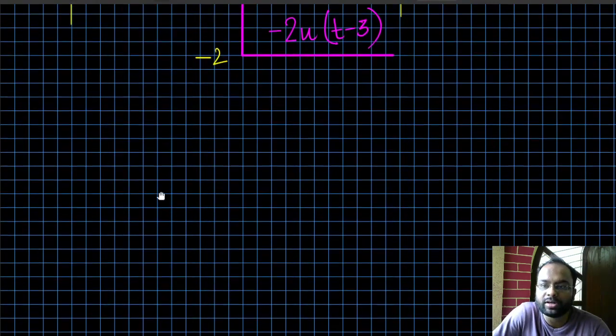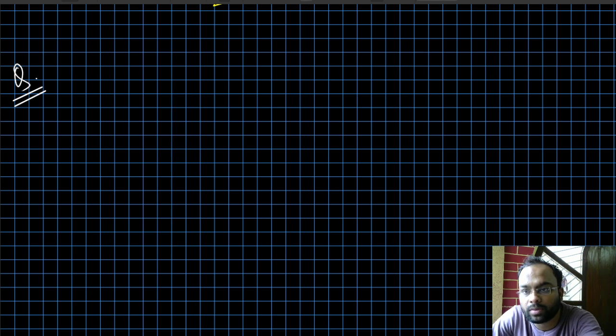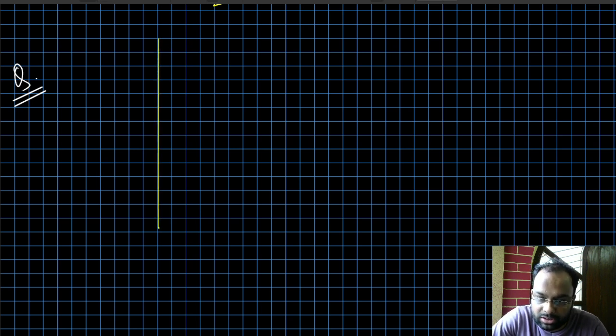So now I have a reverse question for you. I am drawing a graph and you would have to tell me the underlying functions. I'm drawing a plot of a certain signal and you'd have to tell me what underlying functions it has, right?